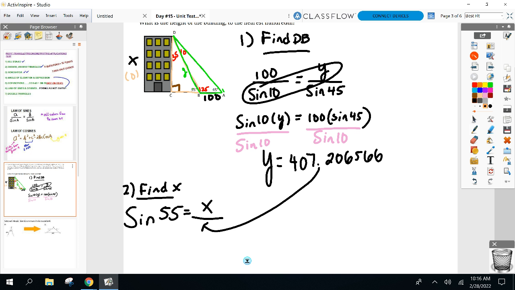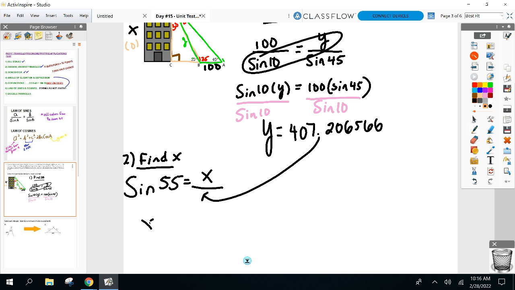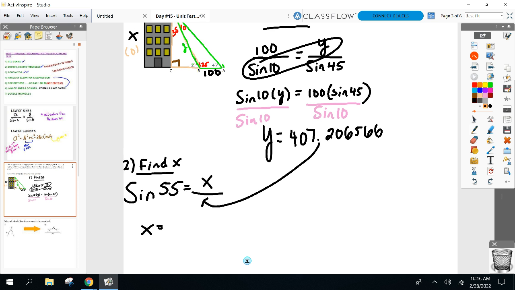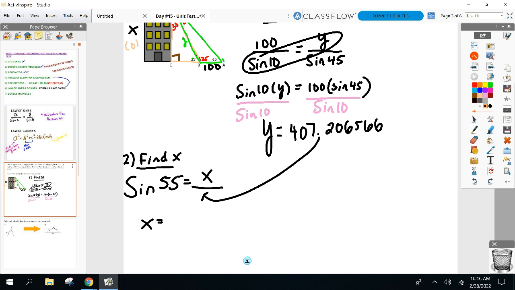Or again, if you want to use law of sines, use law of sines. And then cross multiply for me. And what's it asking me here? Nearest hundredth. So 2 numbers after the decimal place.